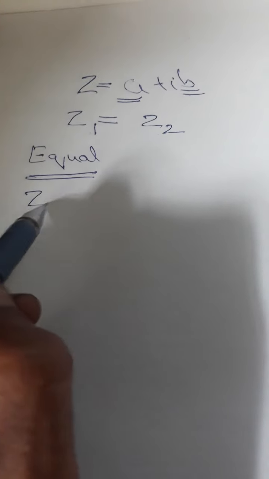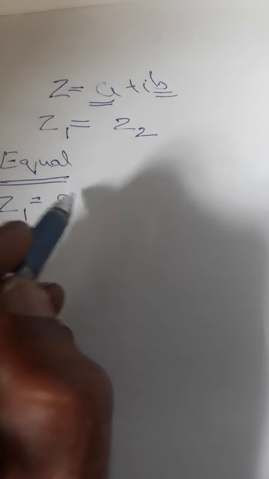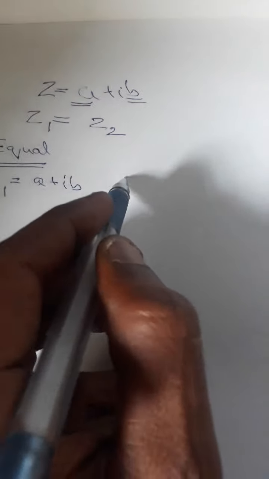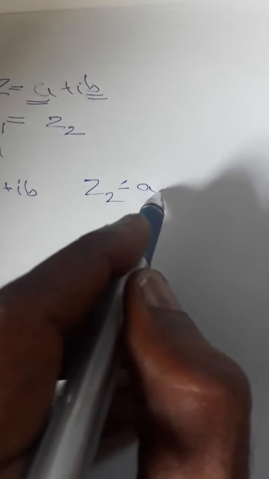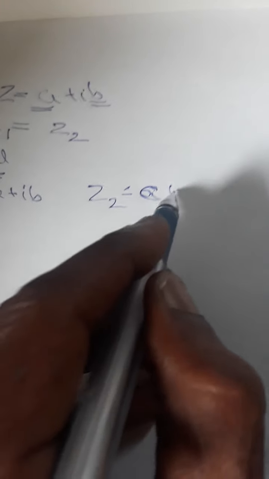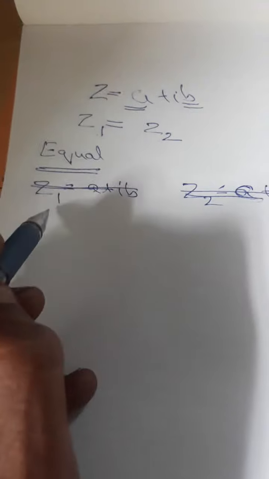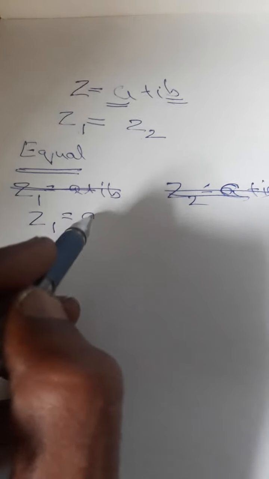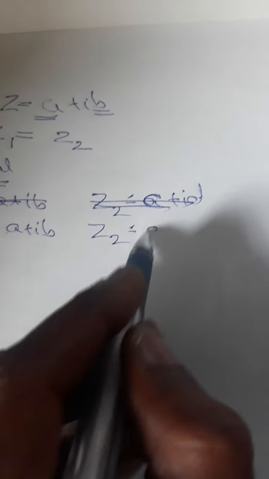So let z1 be denoted by a plus ib and z2 be denoted by c plus id. Here z1 is equal to a plus ib and z2 is equal to c plus id.